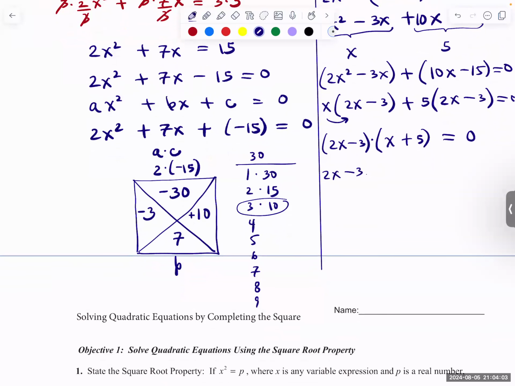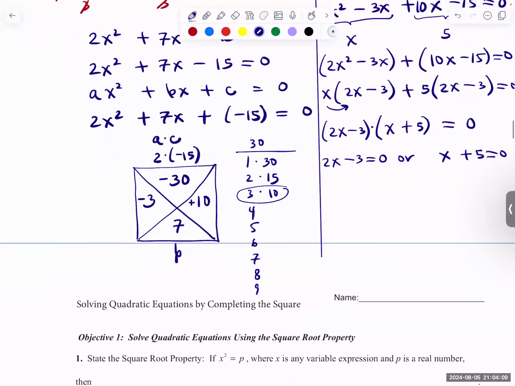Then set each binomial equal to 0 and solve for x. So we have 2x equals 3, divided by 2 on both sides, so 3 halves, or x equals negative 5.